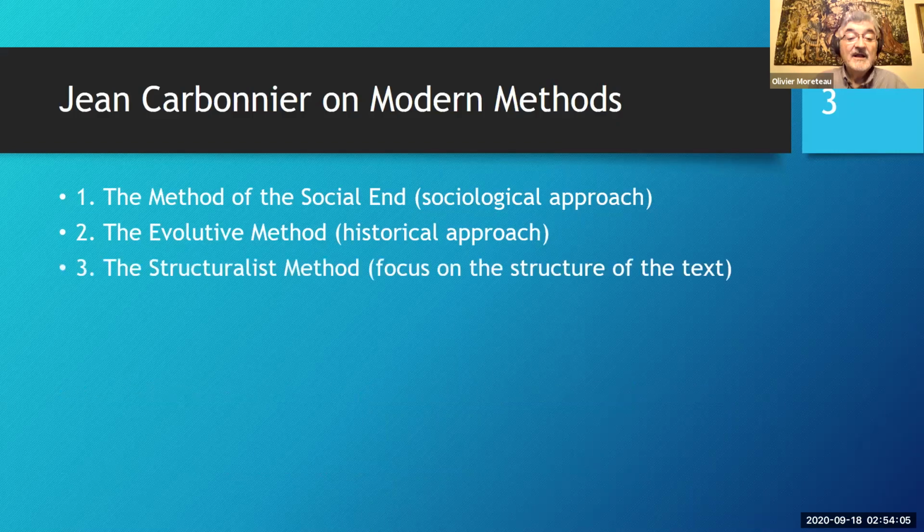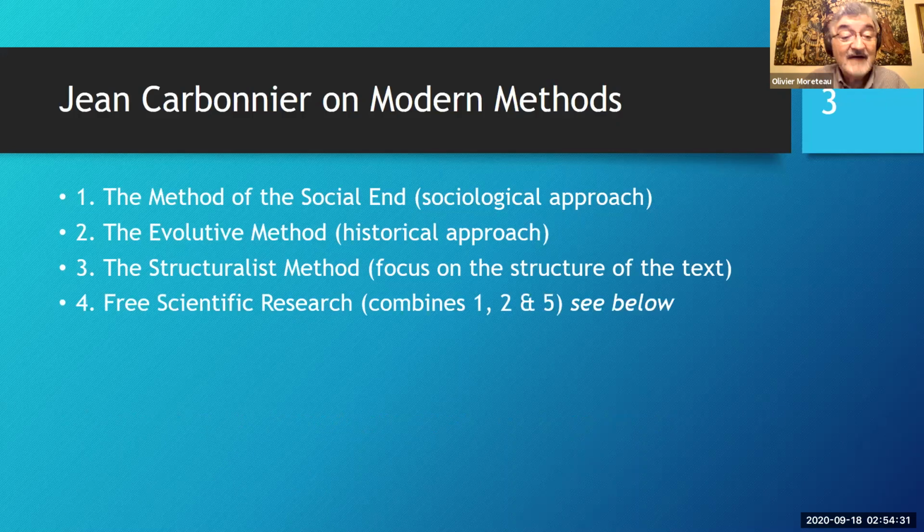The third modern method identified by Carbonnier is the structuralist method, which has a focus on the structure of the text, the way the code is organized, all the categories that have been inherited from Roman law. And based on these structures, you try to work your way through interpretation.